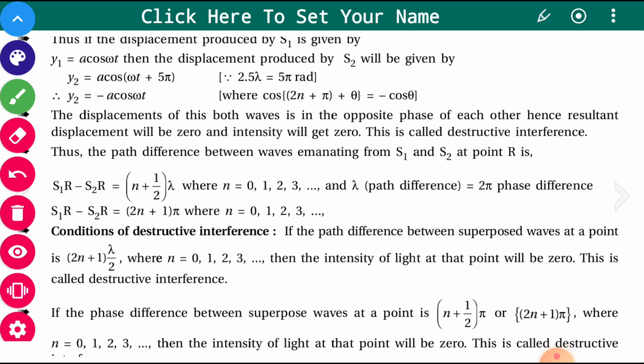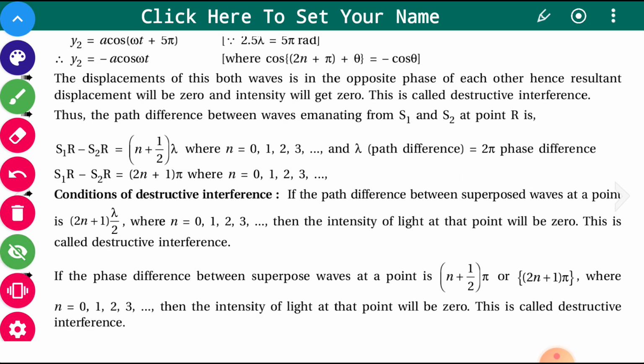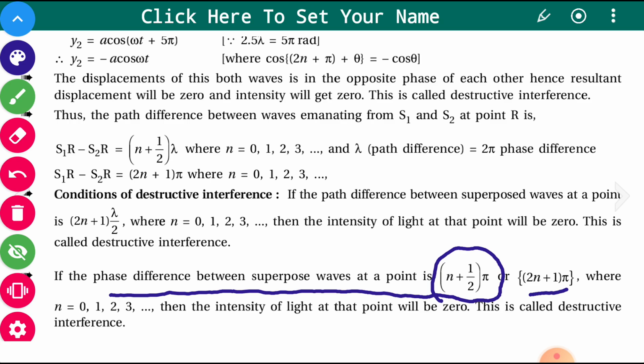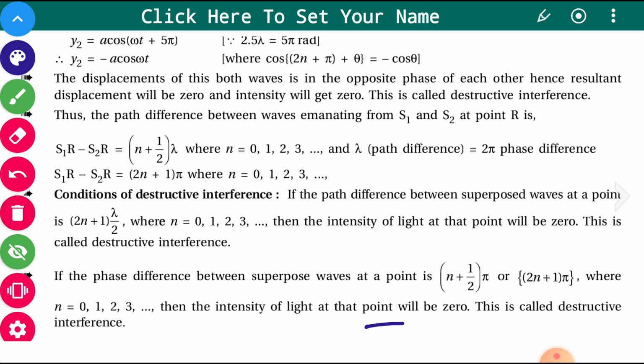Or in terms of phase difference, if the phase difference between the superimposed waves is (2n plus 1) into pi, then there will be zero intensity. Here n is taken to be 0, 1, 2, 3, and this is called destructive interference.